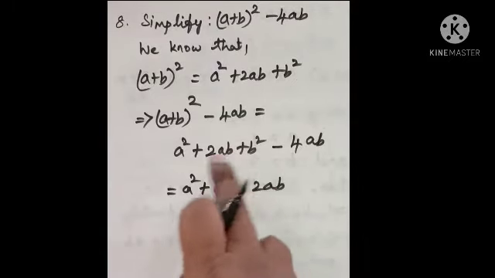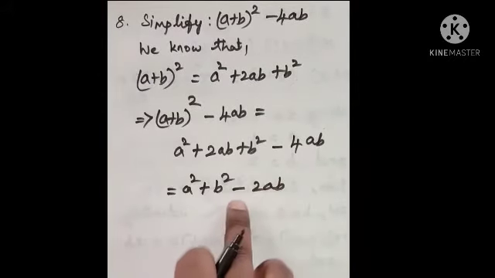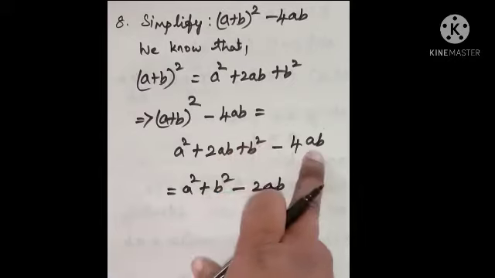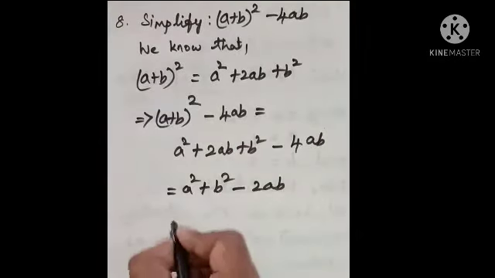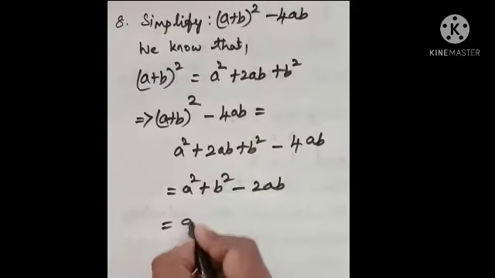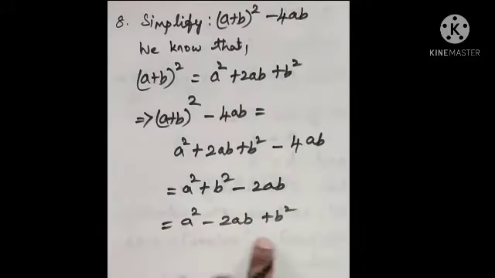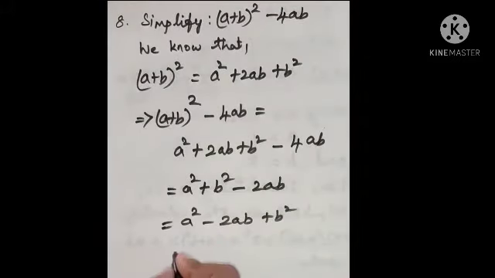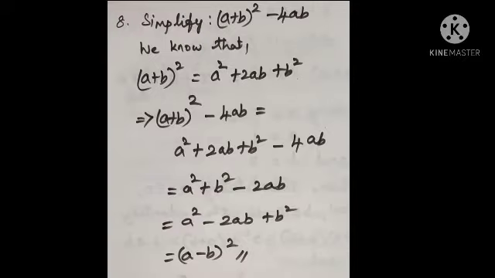So here 2 minus 4 is minus 2, and that can be written as minus 2 with the like term of the variable, that is ab. What about the expansion? It can be written as a square minus 2ab plus b square. Yes, it is the identity (a minus b) whole square.